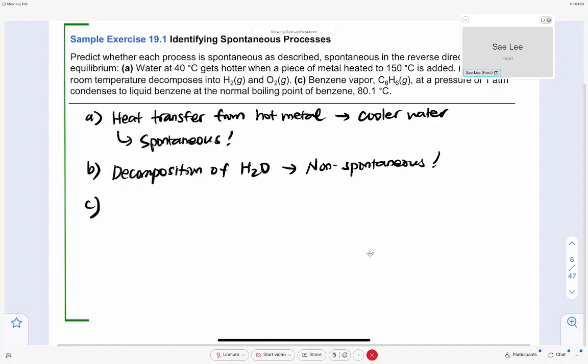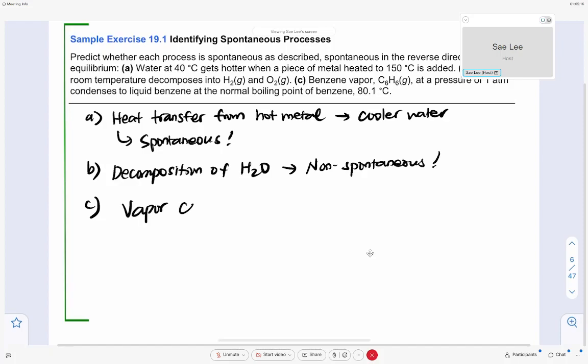Okay. So for C, benzene vapor at 1 atmosphere pressure condenses to liquid benzene at the normal boiling point of benzene, 80.1 degrees Celsius. This is a question asking whether vapor will condense into liquid or not.